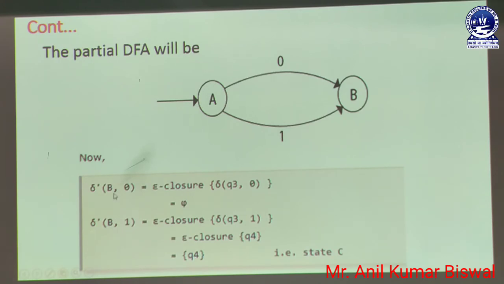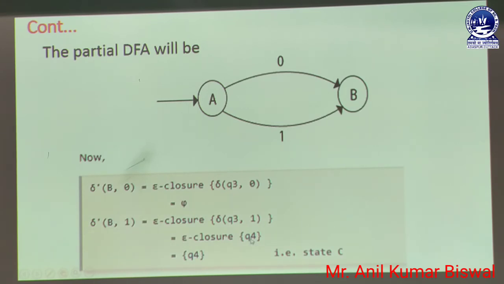Now we are going to find the transitions from B. First we take input symbol 0 and find the epsilon closure of Q3, that is B, with input symbol 0. At that moment we get phi, meaning there is no state, it is an empty state, so we never create a new state there. When we put B with 1, that means the epsilon closure of Q3 with input symbol 1, we create a state known as Q4.